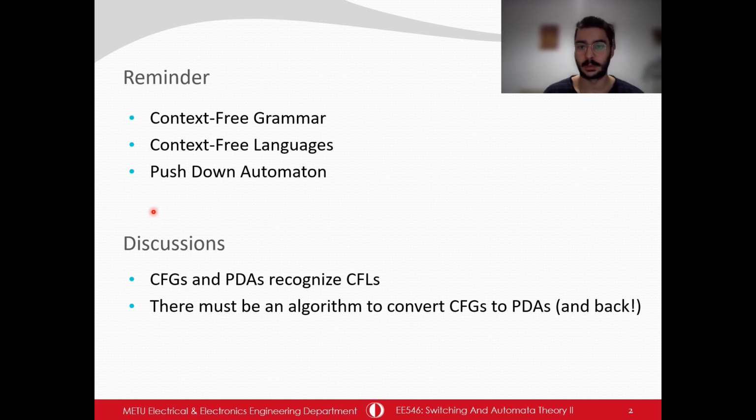So we know that context-free grammars and PDAs recognize the same language set, which are context-free languages. So there must be an algorithm to convert CFGs to PDAs and back, but this back part is not in the scope of this video. We only will investigate the conversion from grammars to PDAs.